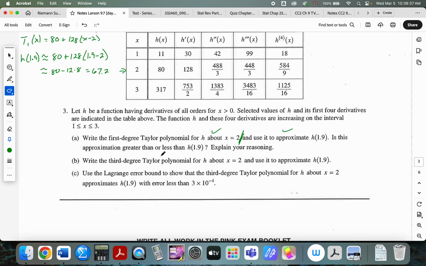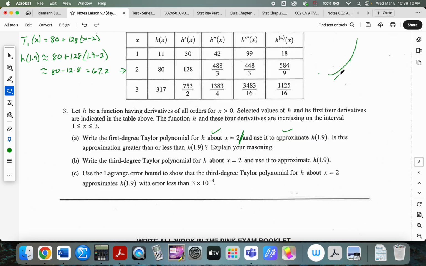Is this approximation greater than or less than h of 1.9? Well, if we have a function that is increasing and its derivative is increasing, what does the shape of the function look like then? It's just linear. Oh, but the derivative is increasing also. It's like quadratic. Yeah, but it's just the increasing part, right? It's increasing concave up.